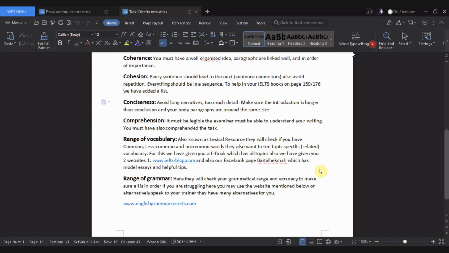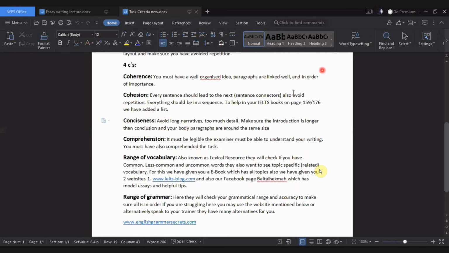But this is just the last plan, or plan C. So plan A first, try your best to improve on this area by doing the activities and at the same time checking the websites. Last resort, grammar course if you really need it. So this is the overall marking criteria.